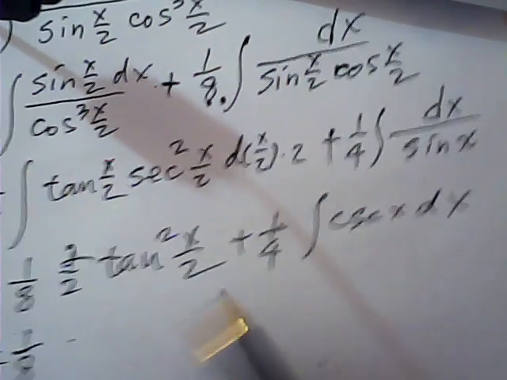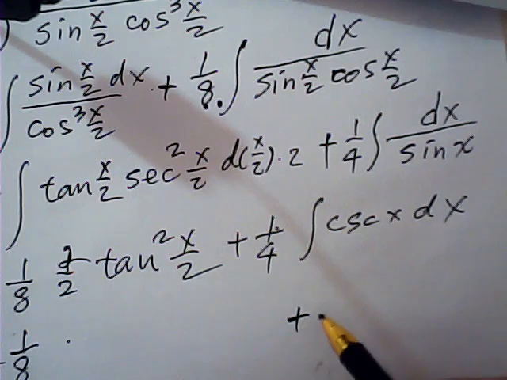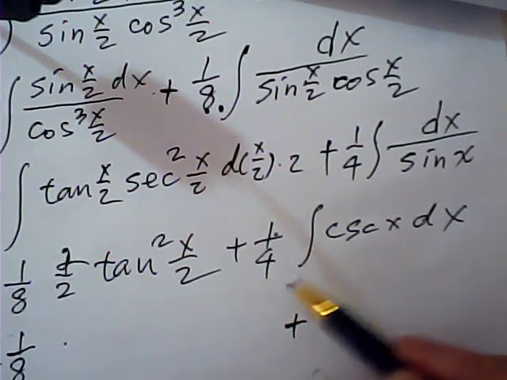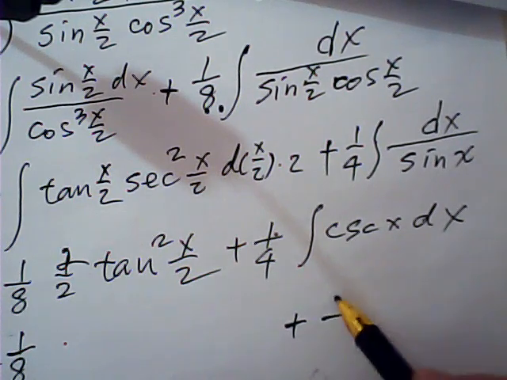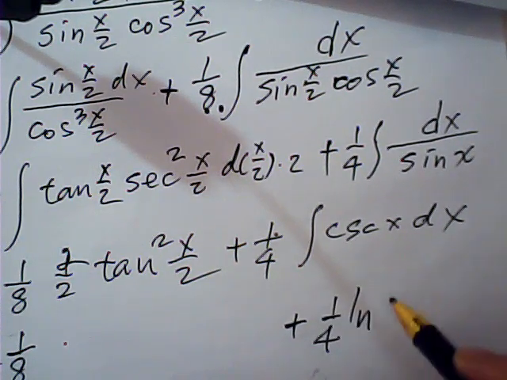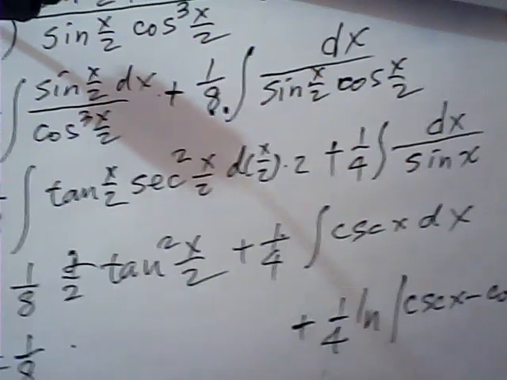Now how do we simplify this one? I can leave it for a while. This is 1/8 log cosecant x minus cotangent x plus c, okay?